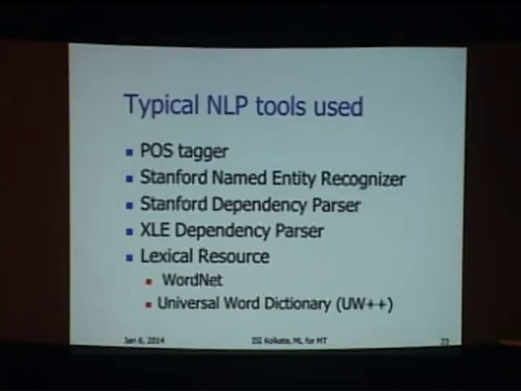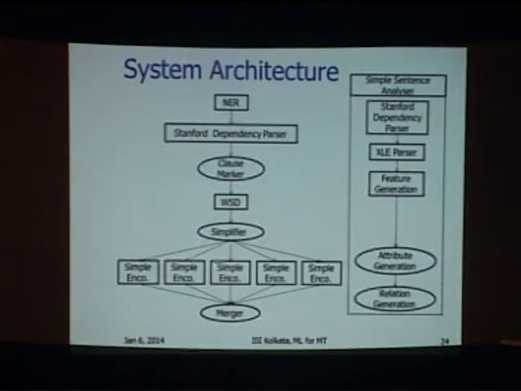Typical natural language processing tools used are a part of speech tagger, Stanford named entity recognizer, dependency parser, lexical resources like WordNet and so on. A typical interlingua-based machine translation architecture will have these NLP tools, and many times a complex sentence is divided into simple parts by a simplifier.